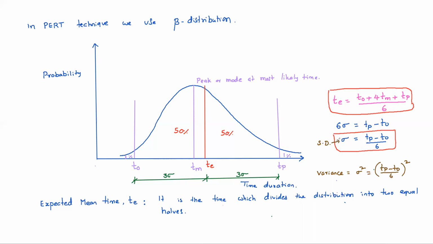So from that expected time as well as standard deviation you can work out. So let us take a simple example. Note down this network.